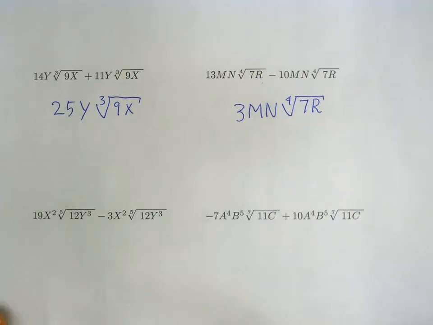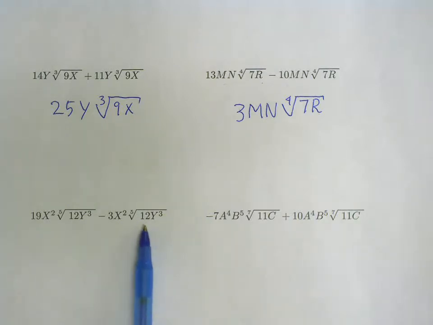Okay, a couple more on this page. Here we have 19x to the second times the fifth root of 12y to the third minus 3x to the second times the fifth root of 12y to the third.